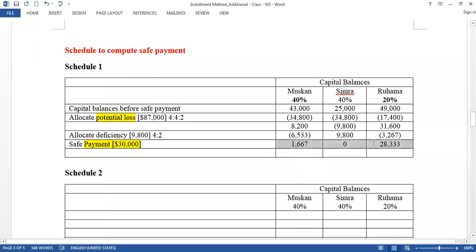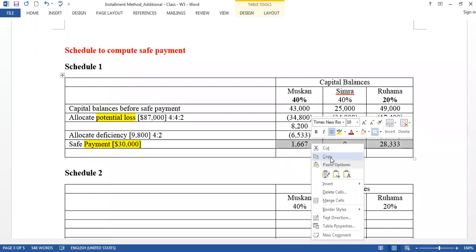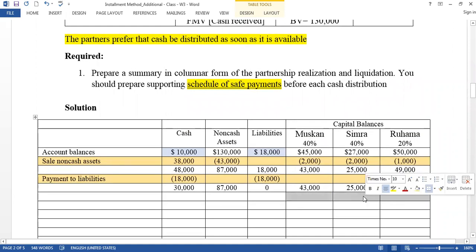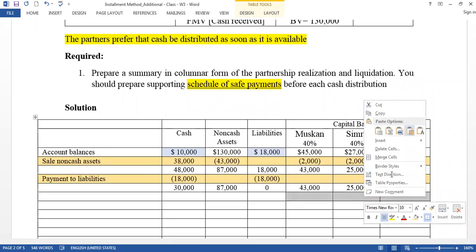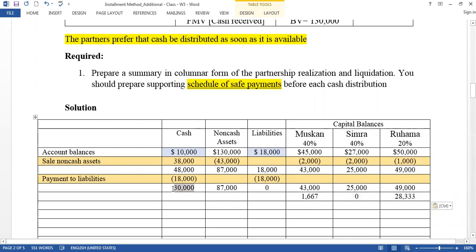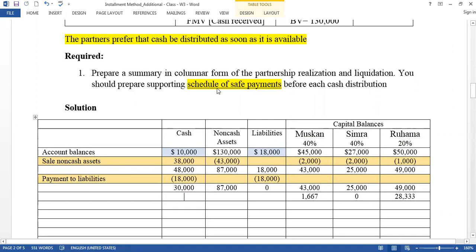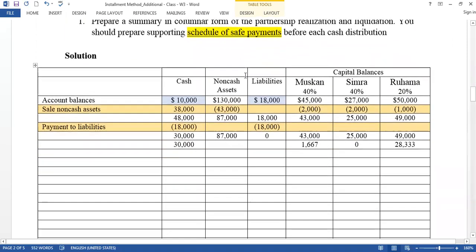Now we are going to pay this money to the partners. So again, whenever cash is available, we are going to pay it to the partners. So these partners are going to receive this money, and cash is going to decrease. So look here, we pay cash to the partners, so our cash decreases. And you know that if you receive cash from the business, your capital is going to decrease, right?